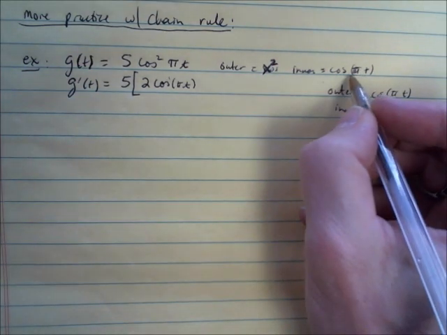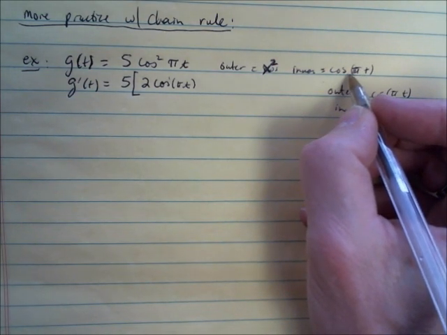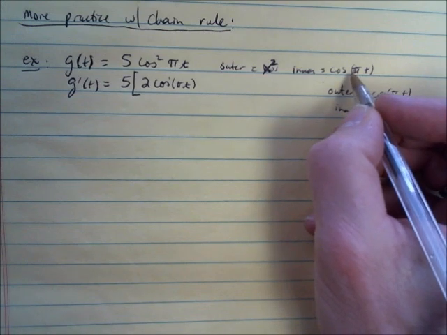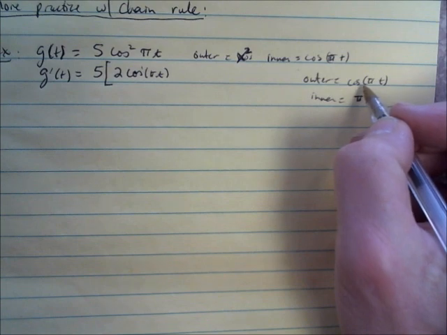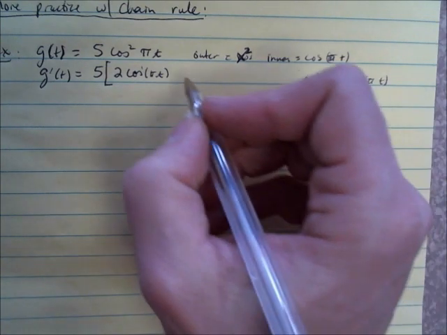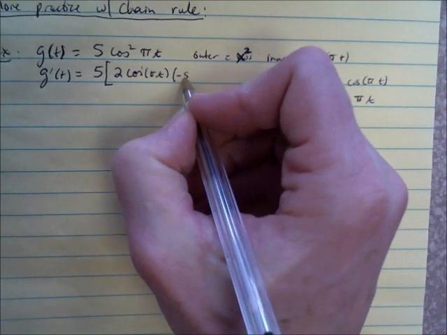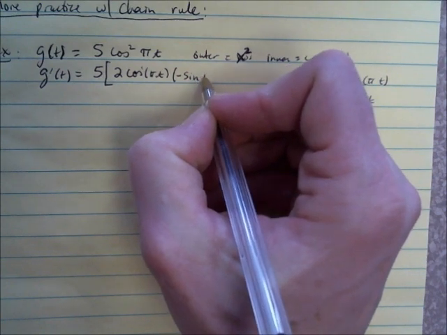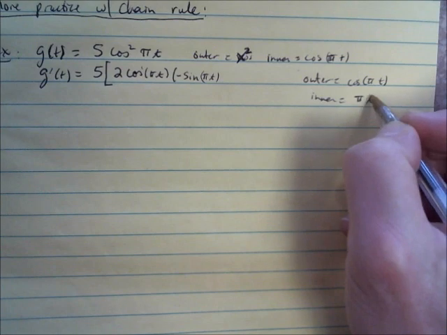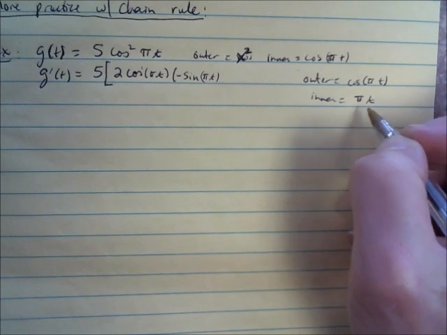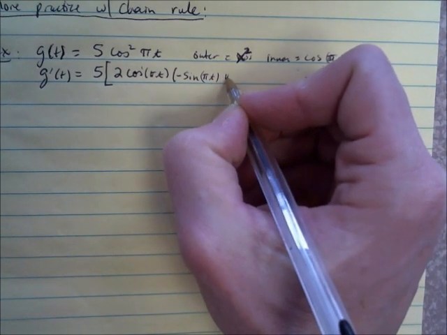And then we have to take the derivative of the cosine of pi t, says the chain rule. Now we've got to take the derivative of the cosine, which is negative sine of pi t. And then we have to take the derivative of the inner function, which is just pi.